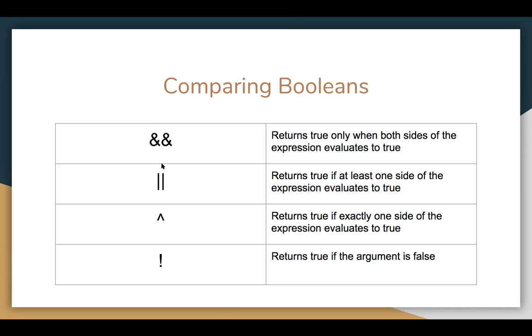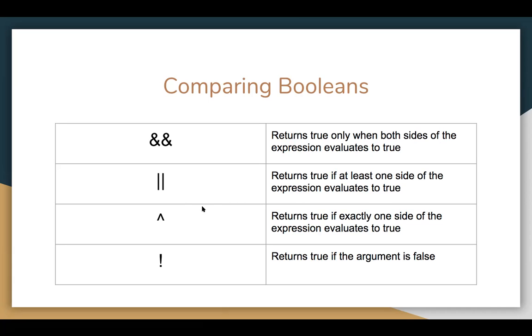The second one we have is something like this. If you remember where the backslash is, it's the one right above it. So basically 2 straight lines. This returns true if at least one side of the expression or value is true. So if we had one side true and one side false, it would evaluate to true.